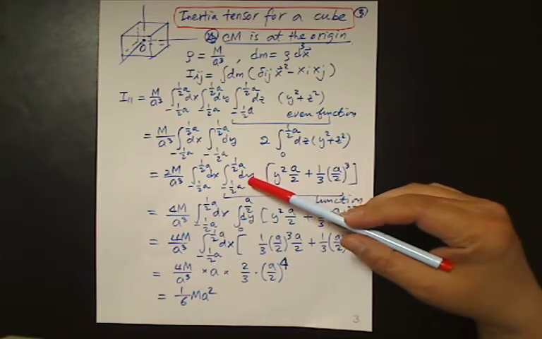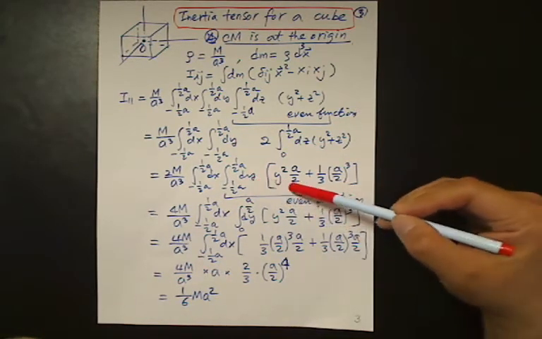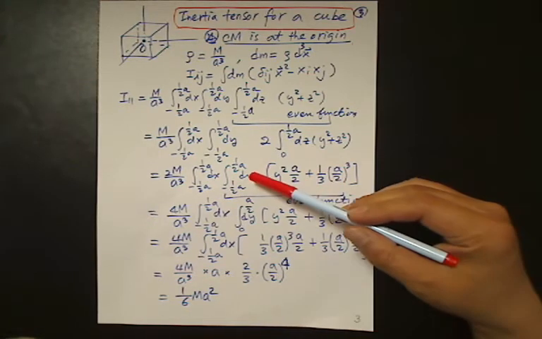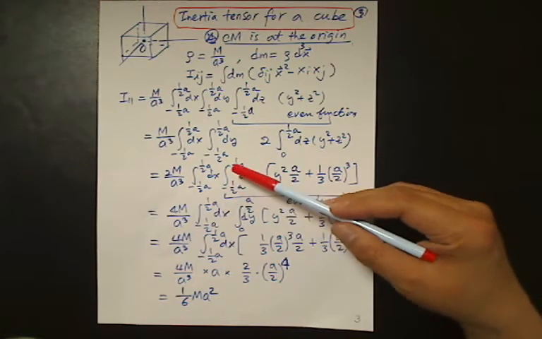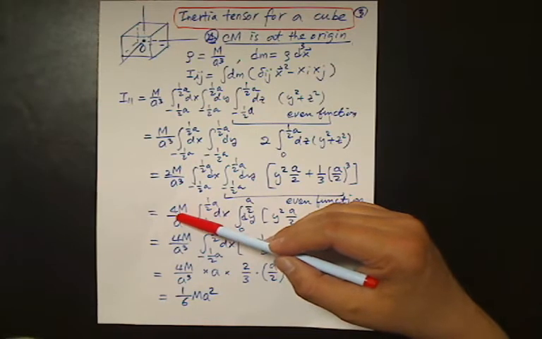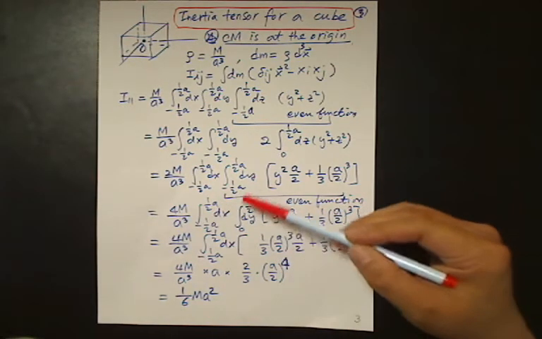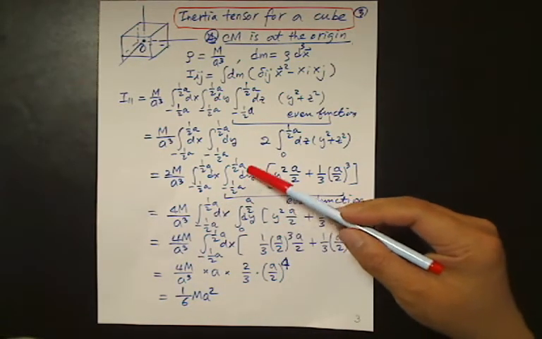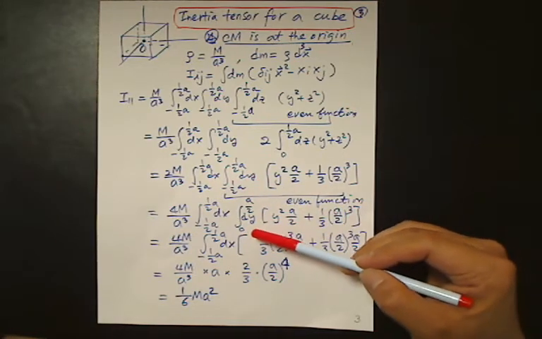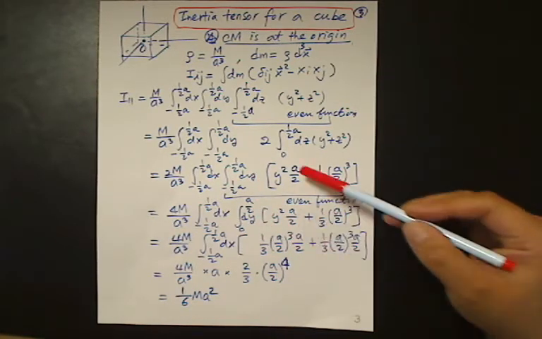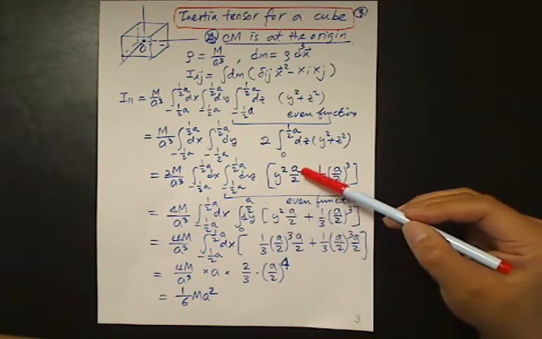Next, we carry out the y integral. This is again an even function with respect to y. So we have the factor of 2 moved to here to have a factor of 4m, and the integral is revised from 0 to 1/2 a. The result is y squared.